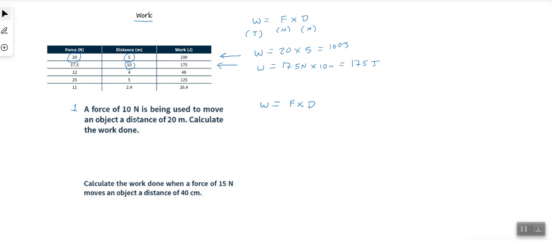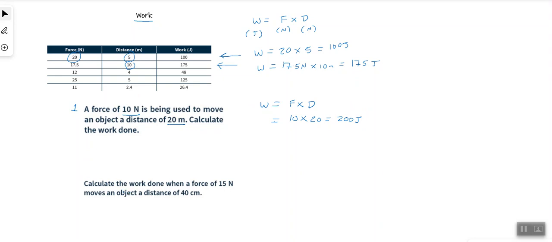Reading over the question, we can see that a force of 10 newtons, that's the force, is being used to move an object a distance of 20 meters. It's saying calculate the work done. So we take the values from the question and substitute into our formula. It's going to be equal to 10 multiplied by 20, which is equal to 200 joules of work. Okay, so that's that first question.